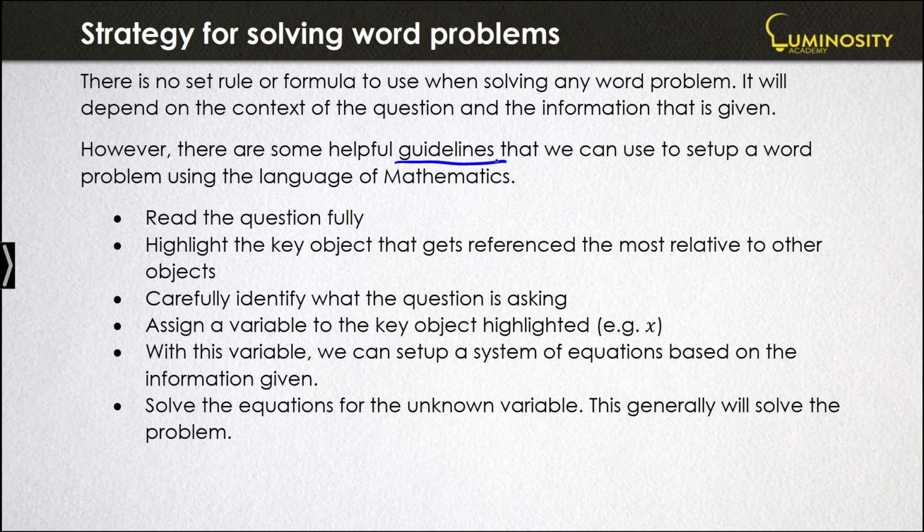It could be any property that the word problem is stating between these 4 people. However, person A might be referenced the most amongst all the 4 people. So that might be a key object that we end up using.